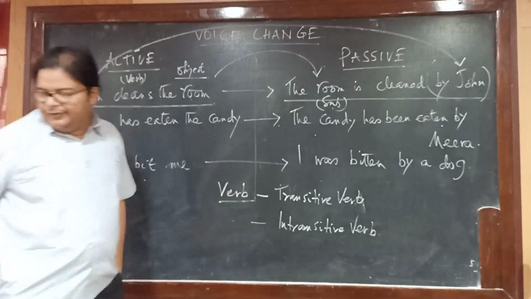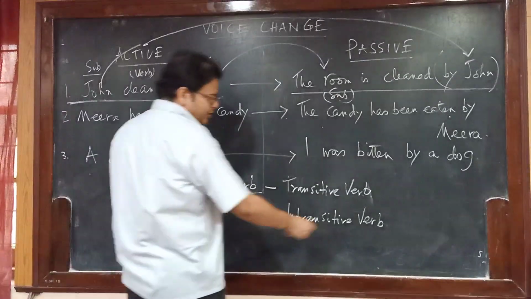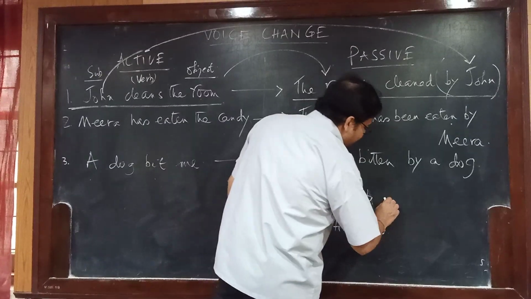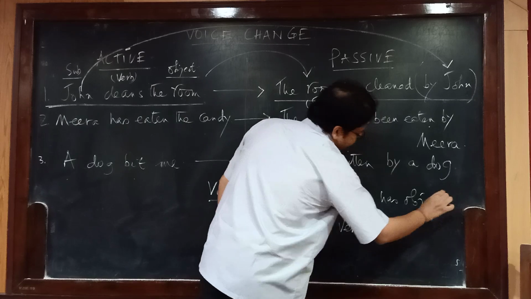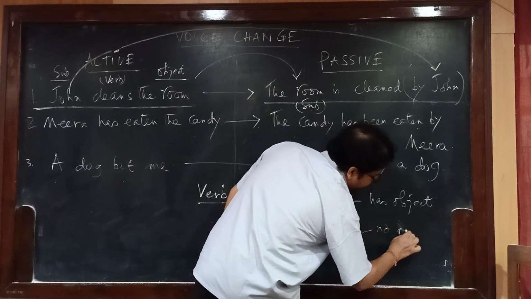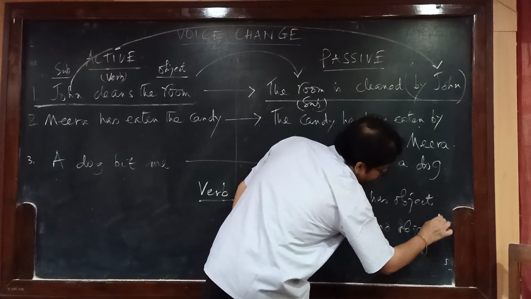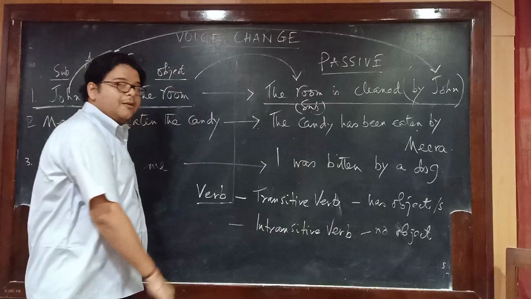So there can be various kinds of categorization of verbs. This is one categorization depending on objects. A transitive verb has an object. An intransitive verb does not have an object. A verb can have one or more than one object.